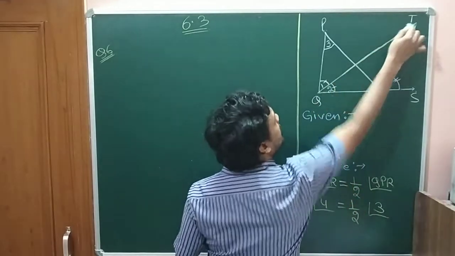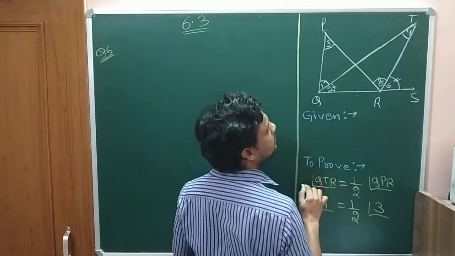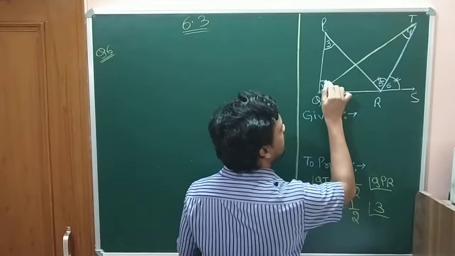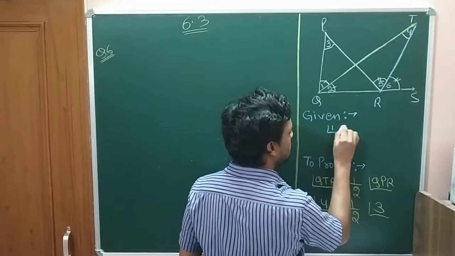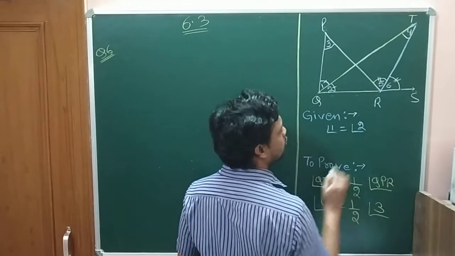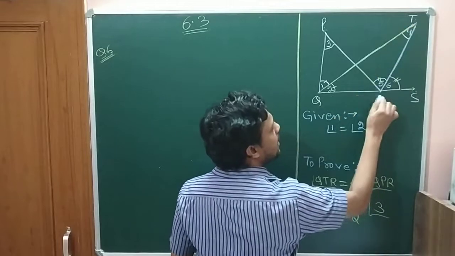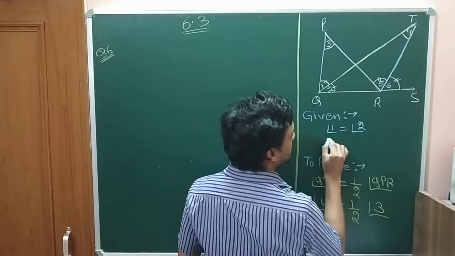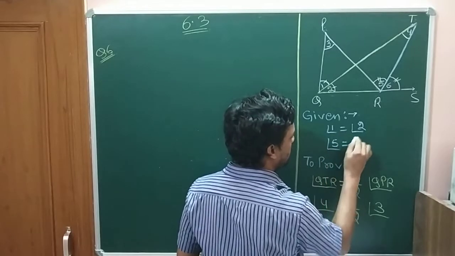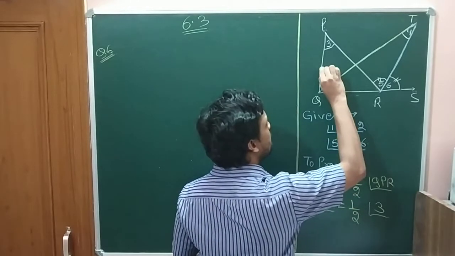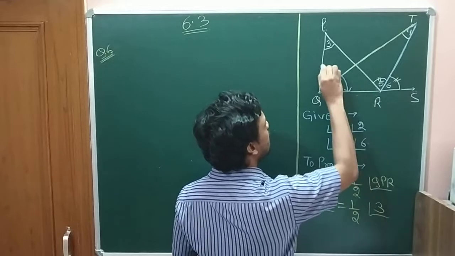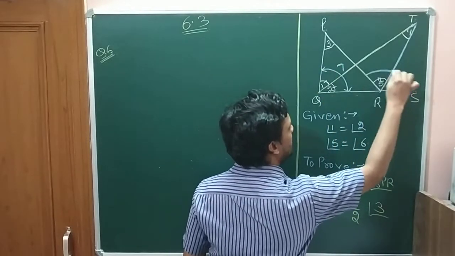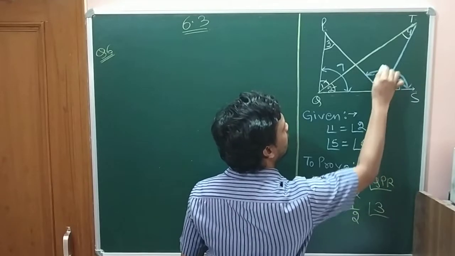Given that QT is a bisector of angle PQR. It means angle 1 and angle 2 are equal, angle 1 equals angle 2. And TR is a bisector of angle PRS. It means angle 5 equals angle 6. Let the full angle be angle 7, and let the other full angle be angle 8.